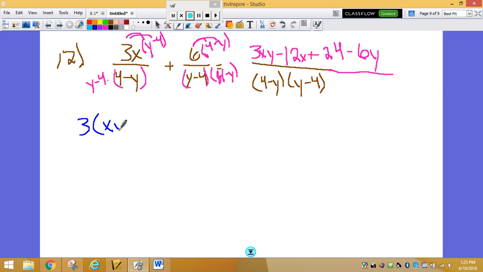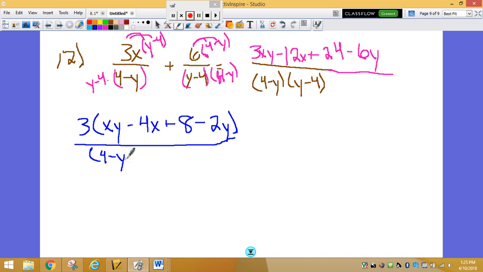So that leaves me with xy minus 4x plus 8 minus 2y. I just divided everything by 3. And on bottom, I have 4 minus y and y minus 4. So that's 12. If you will go try number 12 on your worksheet and come back.